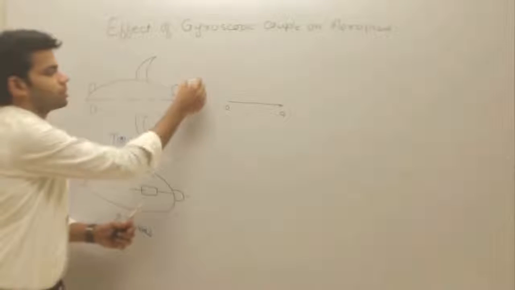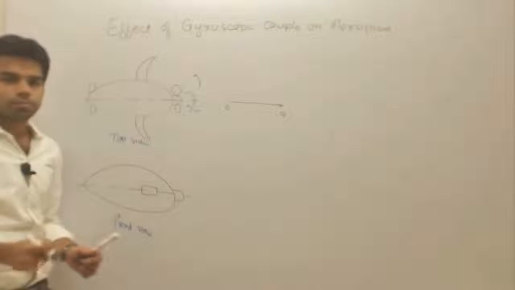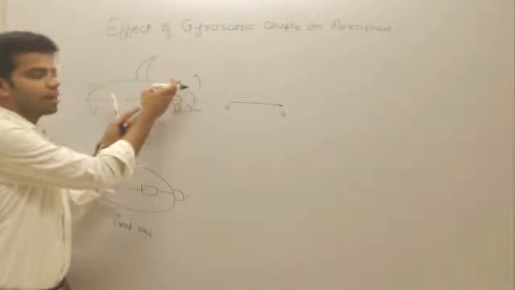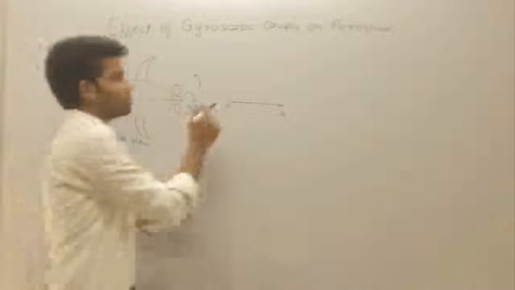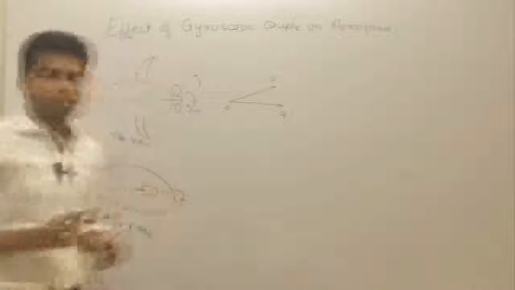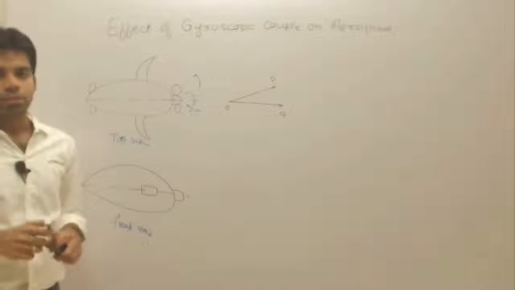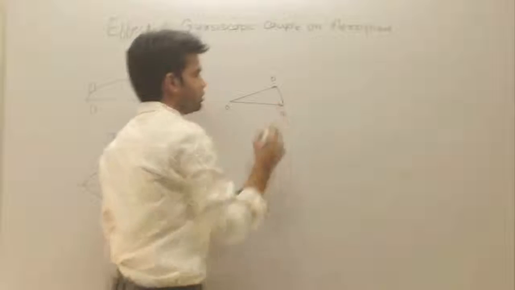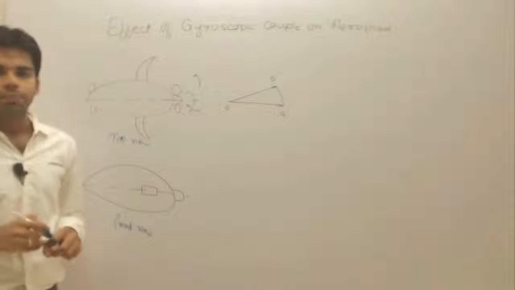Now what if this aeroplane is taking a left turn? This rotor will turn left. So what will be the final angular velocity vector? It will be like this, OB. Getting this or not?